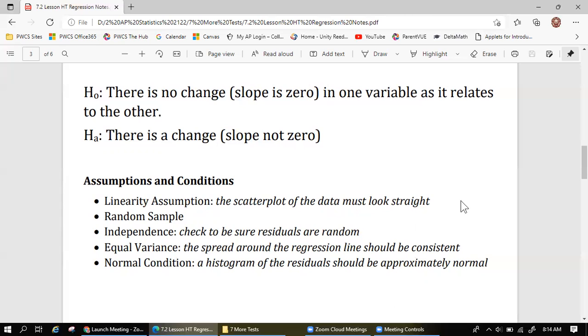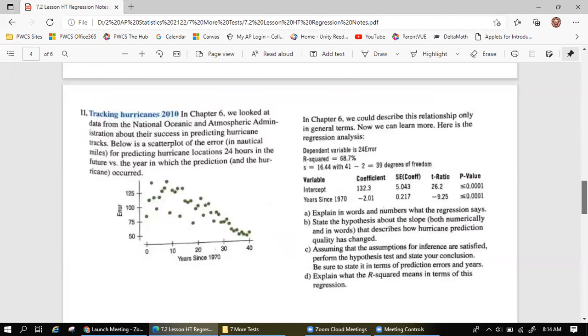We want some consistency throughout the plot. We need the independence, we need the residuals to look random, and we need to fit some sort of normal condition. We're not going to be doing a lot of this by hand. But what we would check for normality would be a histogram of the residuals. Yeah, so those are our assumptions and conditions.